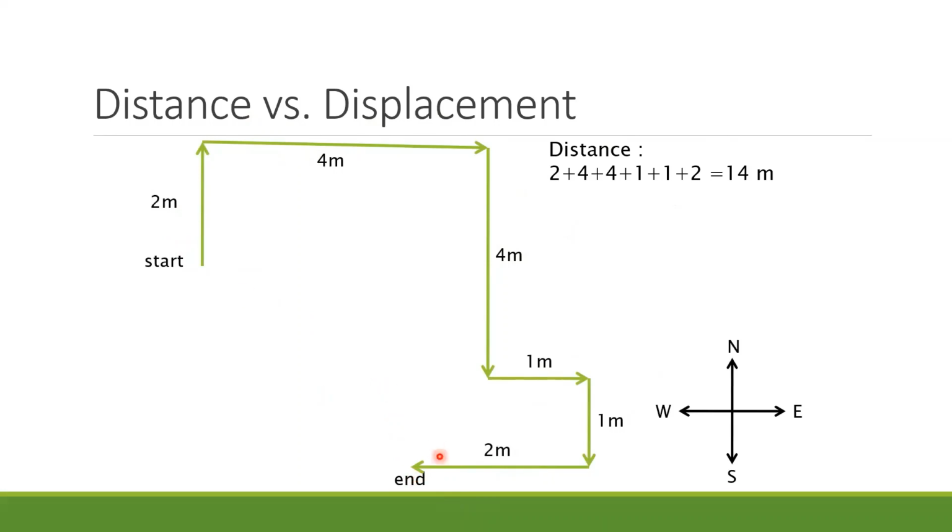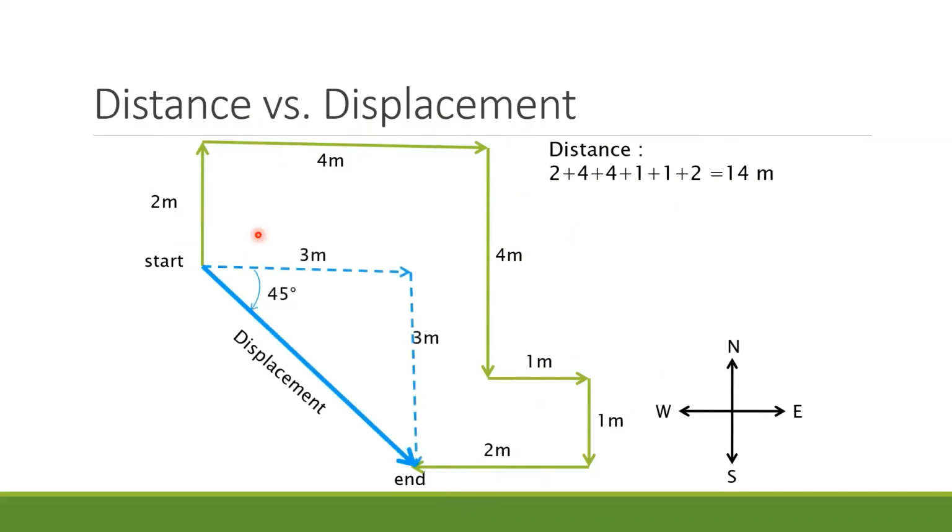How far have I actually moved overall? What is my displacement? Well, to work that out, you really need to get this length here and this length here. I'm going to try and do this with a pen. It's not going to look nice, but yeah.